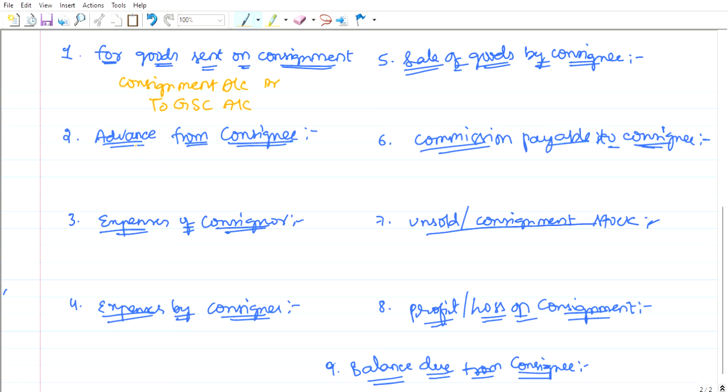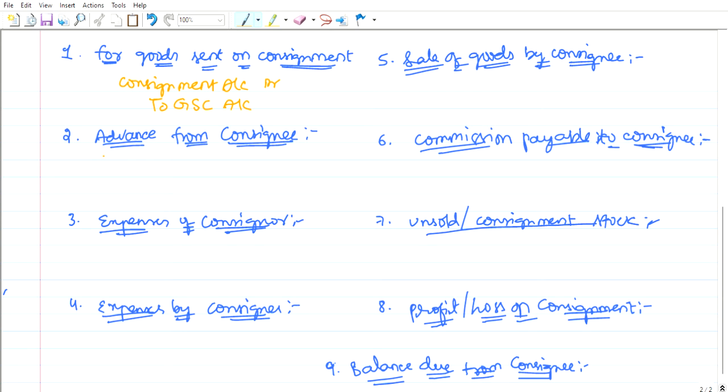And advance from consignee. Advance is like an income. So we can write here that we are going to receive the advance from consignee like cash or bank or bills receivable.